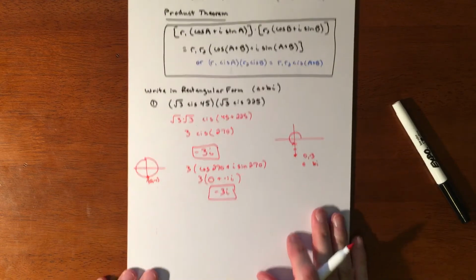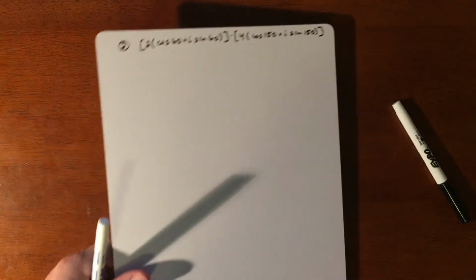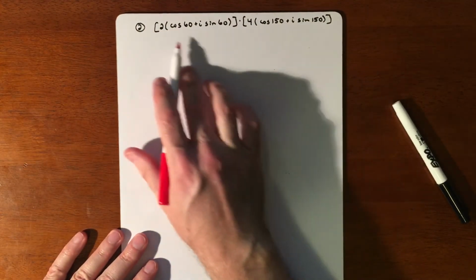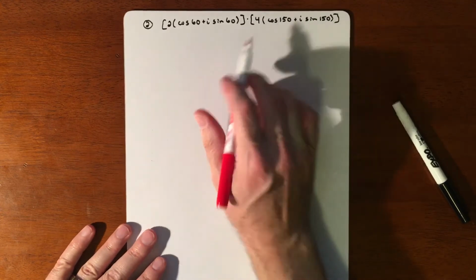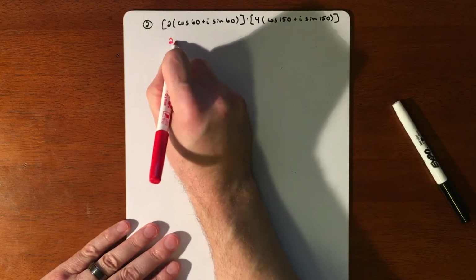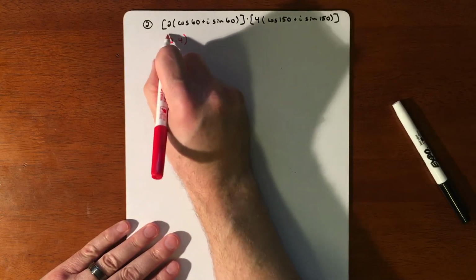All right, well, we'll do one more. Same type of problem, it just doesn't have the shortcut to it. So we're going to put the radii together. So you're going to multiply 2 times 4, which is going to be 8. So those two are going to be multiplied together.